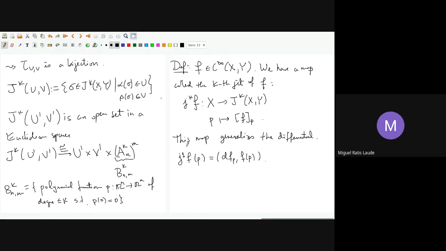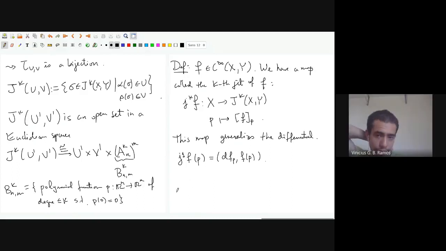Does it make sense to talk about these jet spaces when k is infinity? Is it interesting or something? The definition would be obvious, just all derivatives coinciding, but yes, it is interesting. It's a very good question actually, because we're really interested in talking about the infinite topology on the space of smooth functions, and we're going to use the kth jet space to talk about the kth topology, and you could go directly to the set of smooth jets.